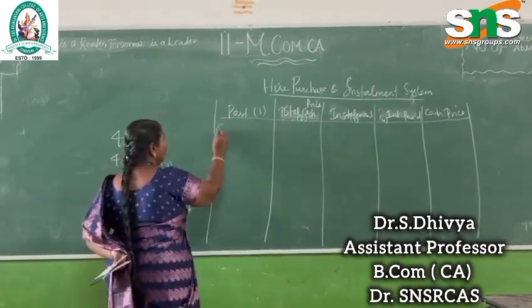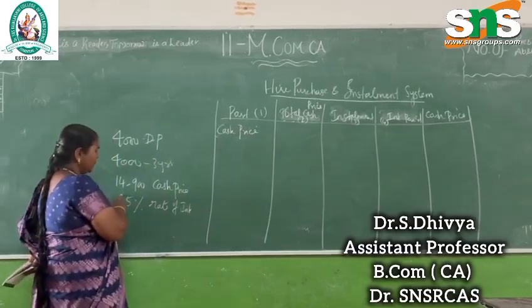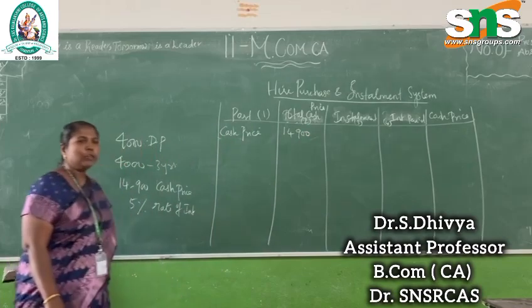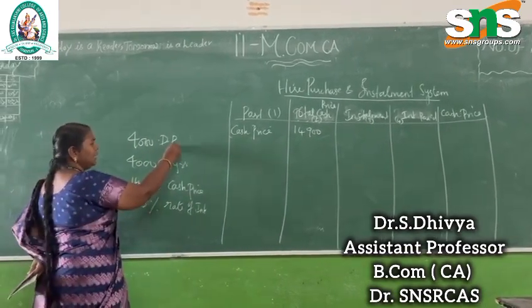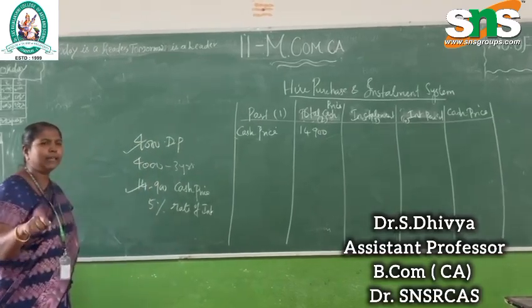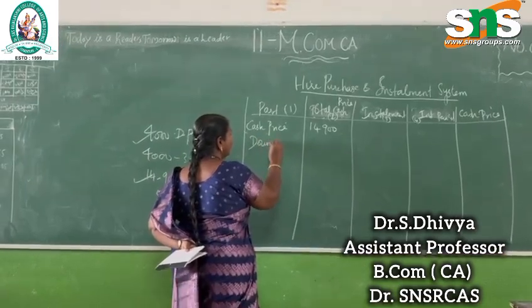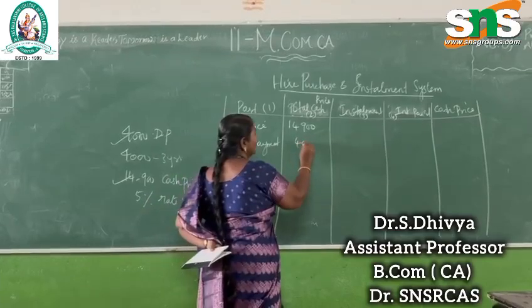First we will see how much the cash price of the product is. 14,900. So the value of the product is 14,900. At that time they are paying the down payment. When they are signing the agreement, they are paying 4,000. So they are paying the down payment 4,000.